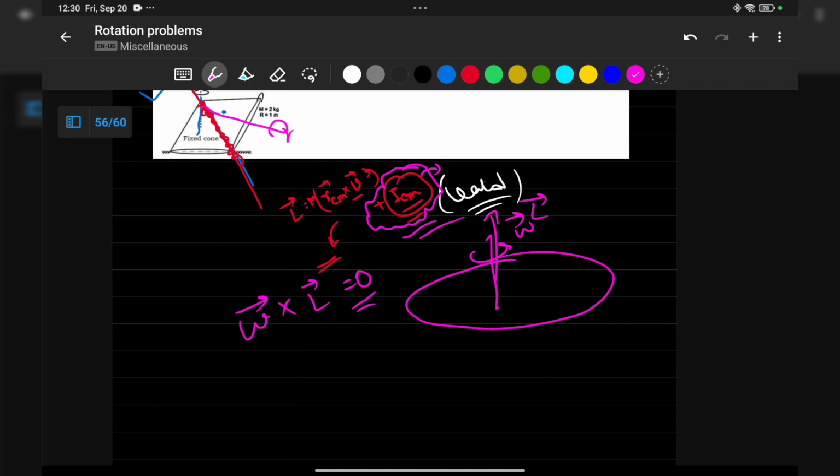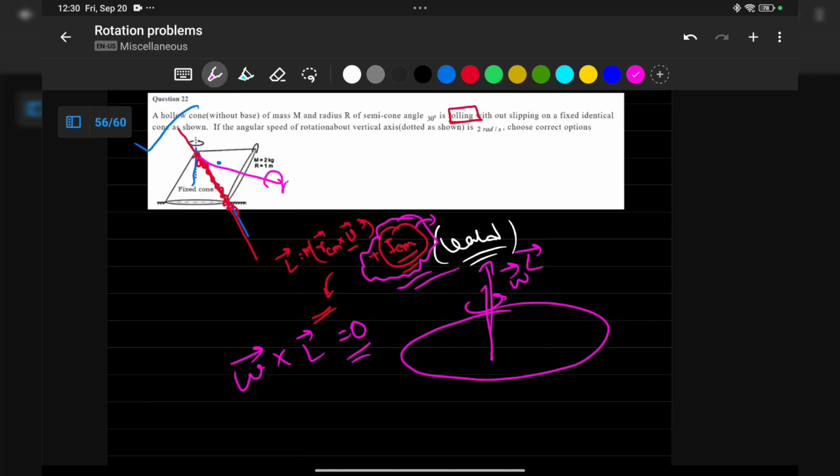But what they mistake is that this center of mass is also rotating about the fixed axis. So this body has another rotation, which is called the omega of precession, about the axis of the fixed cone. They forget to take that omega of precession, that momentum, into account.